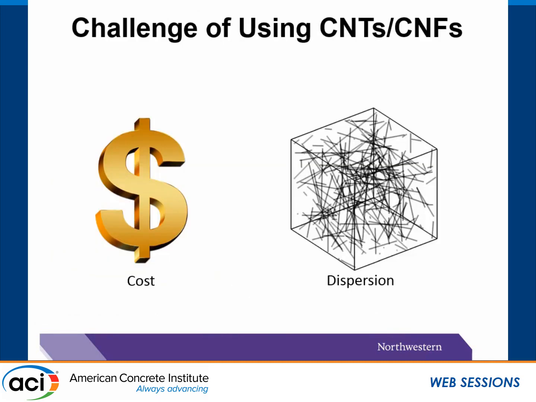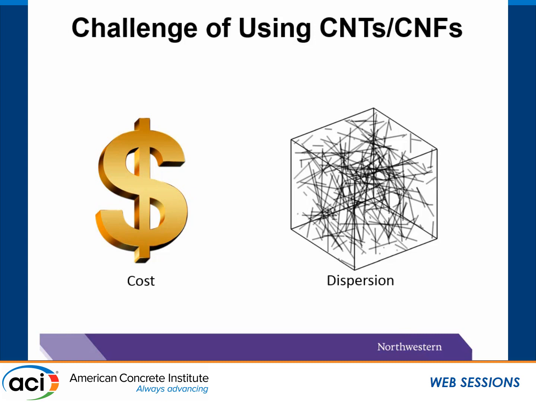So the carbon nanomaterial has excellent mechanical, electrical, and thermal properties, and it has been used in many composite materials. Even though it has the potential to improve concrete's low modulus, low tensile strength, and electrical property, it has never been used in concrete materials or the construction industry.